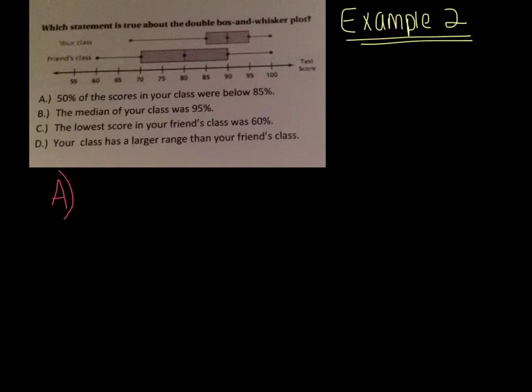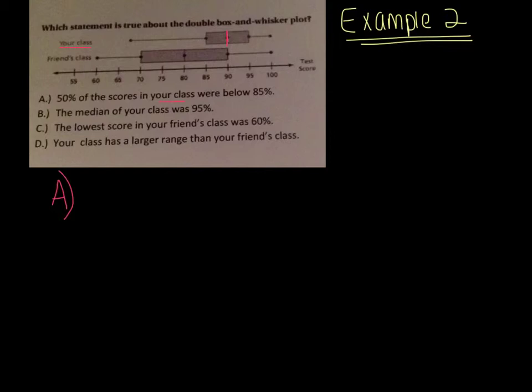So for letter A, it says 50% of the scores in your class were below 85%. Well, if 50% means I'm looking for my median, right? Because that splits my data in half. And I see that the median in your class, so this top one, right? Make sure we're looking at the right one.